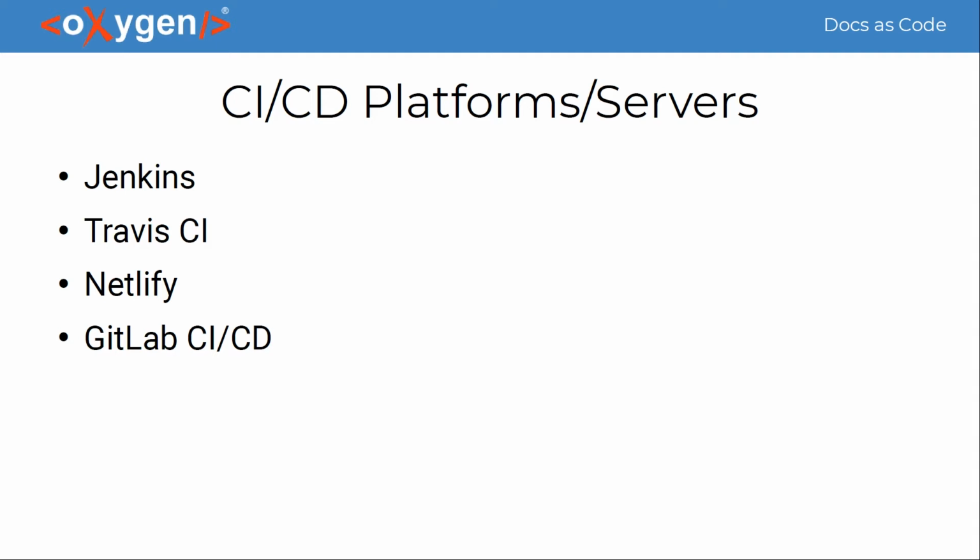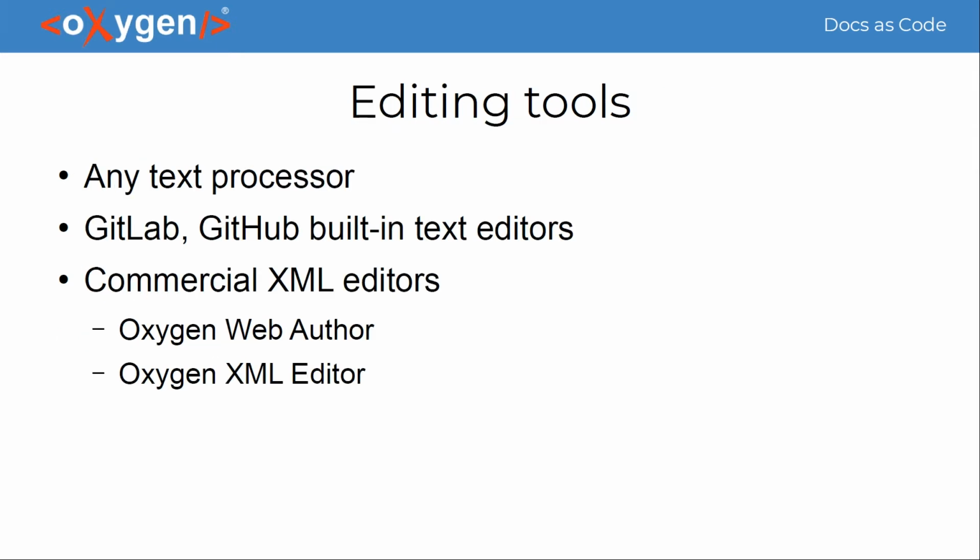So you have quite a few choices out there. Next, which editing tool you should use? Well, it can be any text processor, because remember, we've chosen a plain text markup. But GitLab and GitHub offer built-in text editors as well.